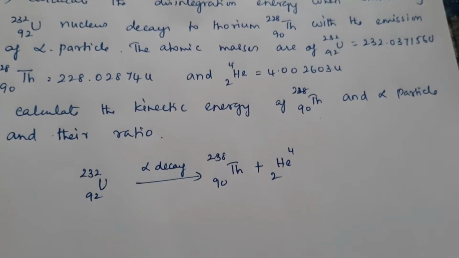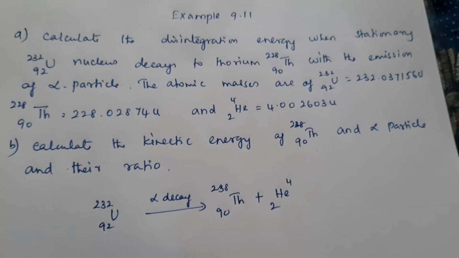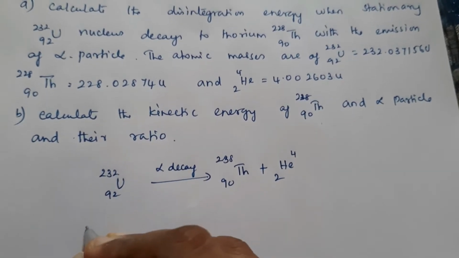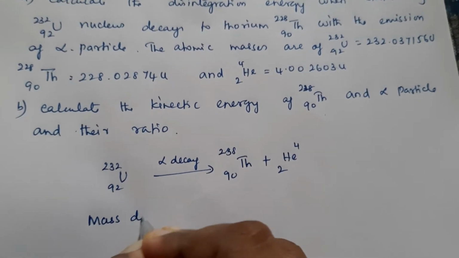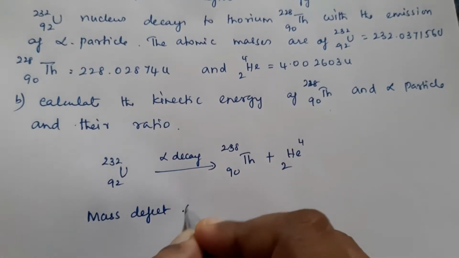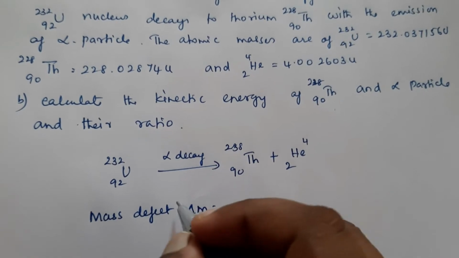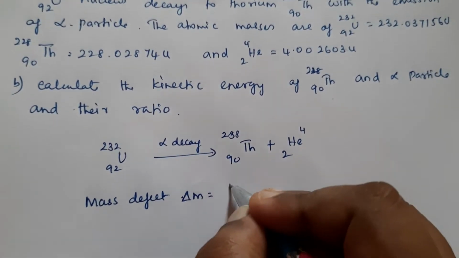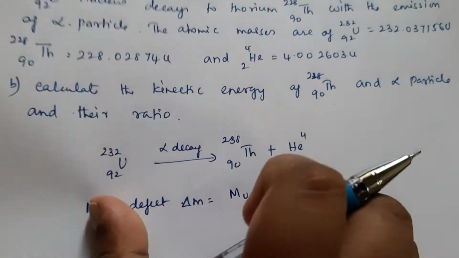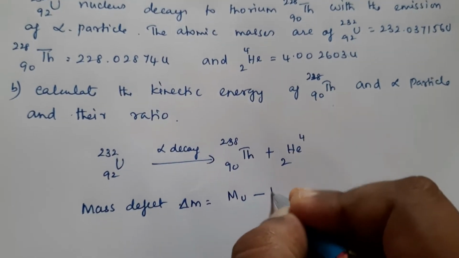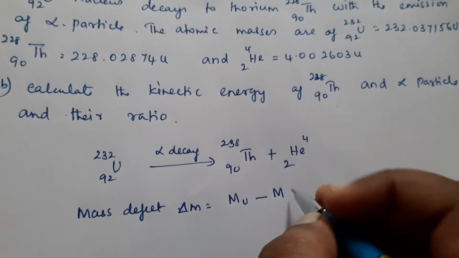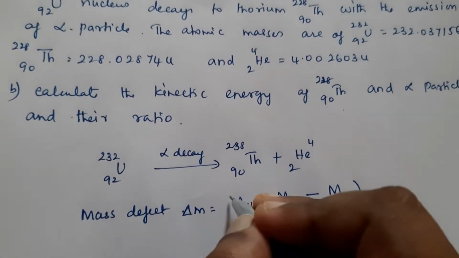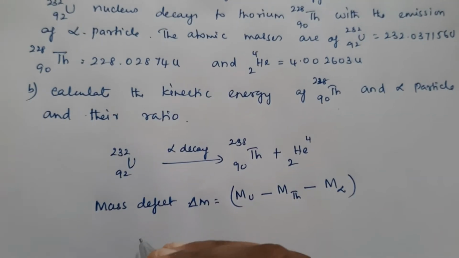To find the disintegration energy, we have to find the mass defect. So the mass defect delta M is equal to the mass of the reactant minus the mass of the products. Here the products are thorium and the alpha particle. So these are the data given.